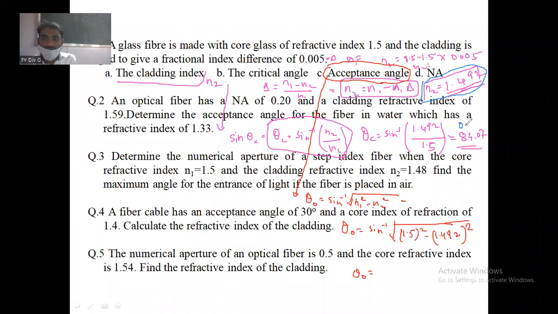Second, theta c is equal to 84.07. Now we can find the acceptance angle. Theta 0 is equal to sine inverse into square root of 1.5 square minus 1.492 square. Okay, tell me the final answer of the acceptance angle. Minus 46.55.